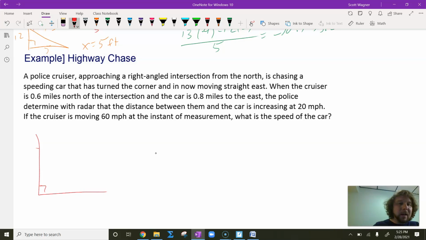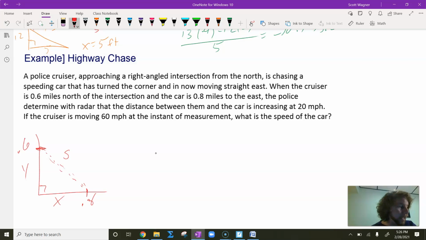So over here it's 0.8 of a mile away, and up here the police cruiser is still 0.6 of a mile north. I'll call this distance y, this distance x, and the straight line distance between the two of them, we'll call that value s.